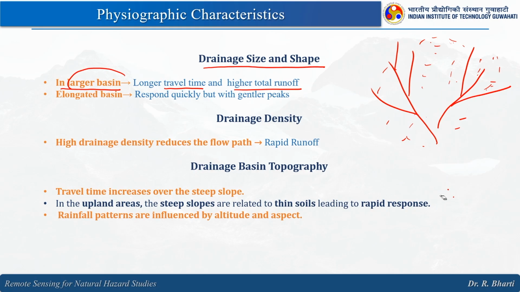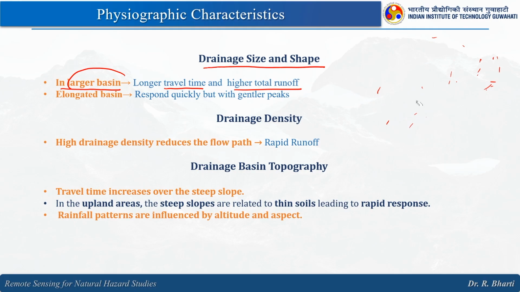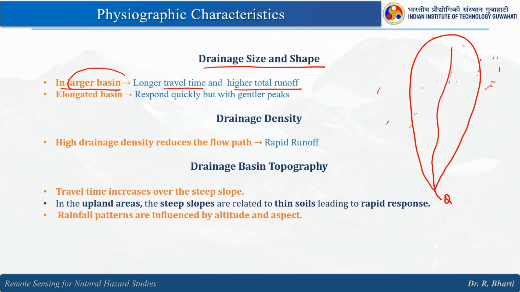When we talk about the elongated basin, the same condition applies as the larger basin, but in an elongated form. So, let us say like this, and here we are measuring the discharge. What happens when we have heavy precipitation in this region?